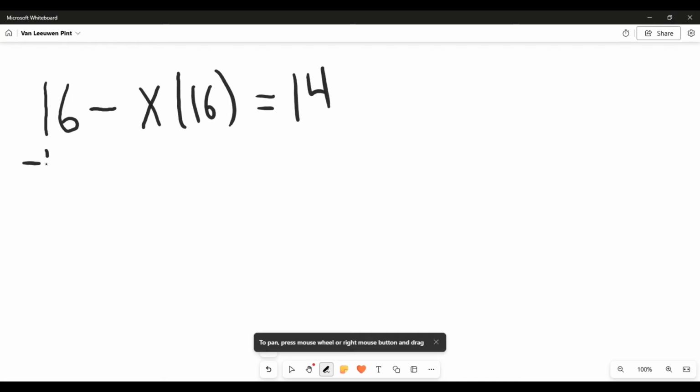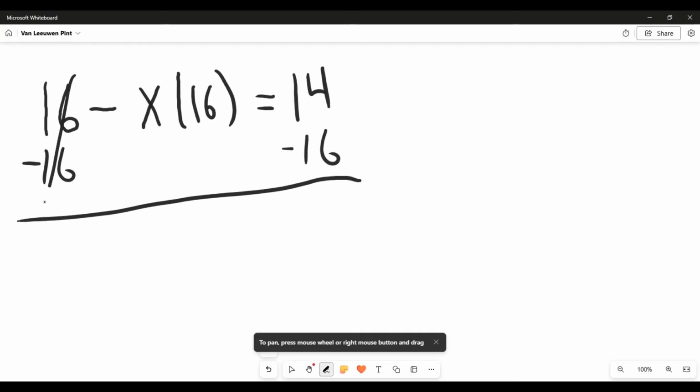You just take away 16 from both sides. You know, that cancels, and minus x times 16 is a negative 16x equals 14 minus 16 is a negative 2.